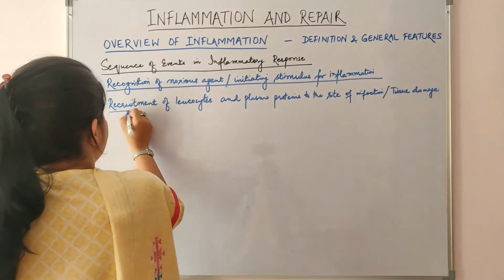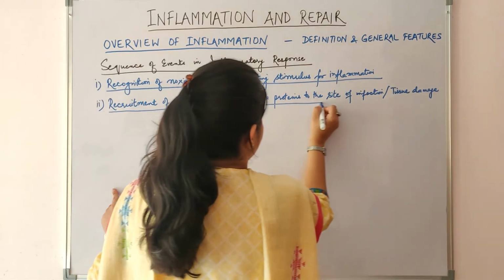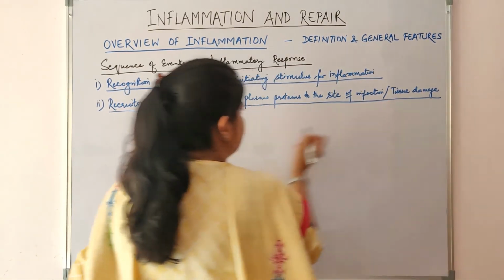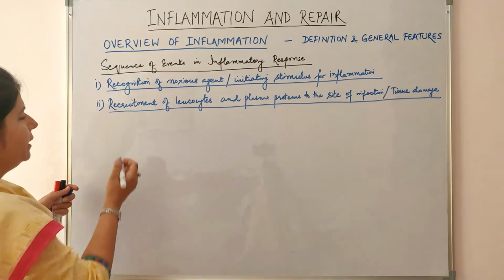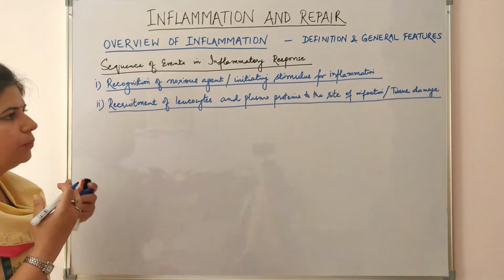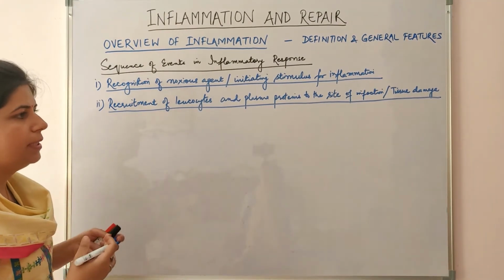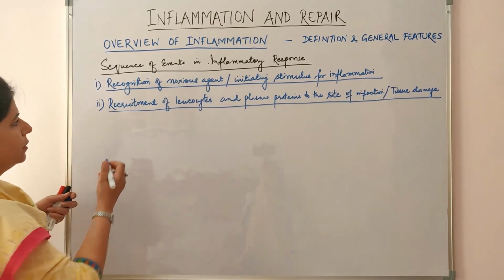The leukocytes and the plasma proteins are normally in the circulation and they have to be recruited to the site of infection or the site of tissue damage.